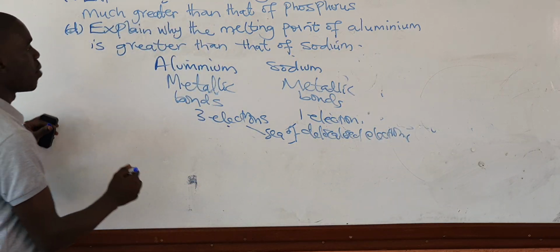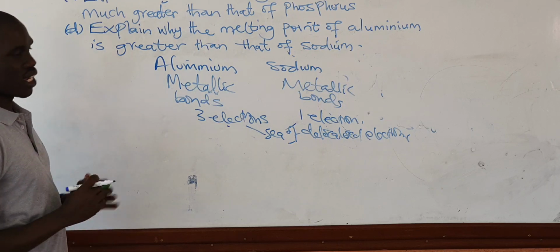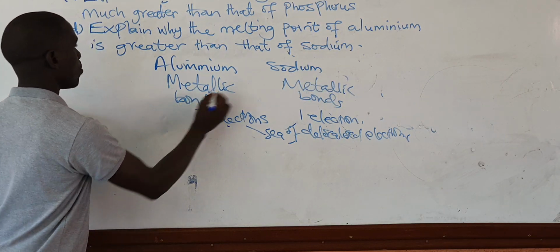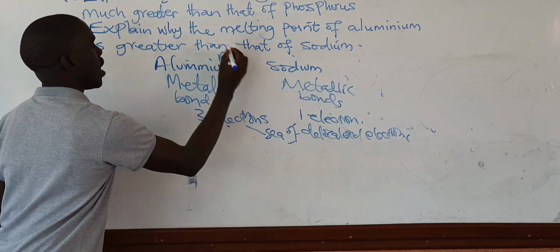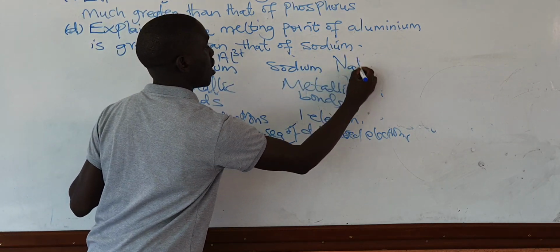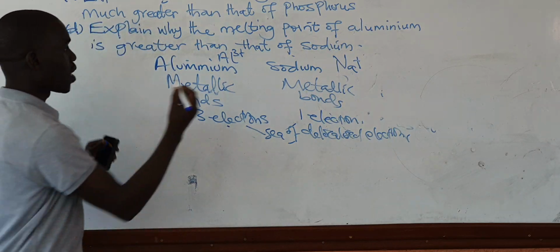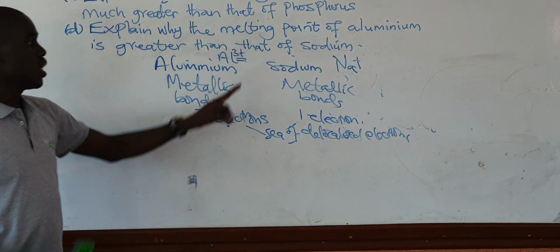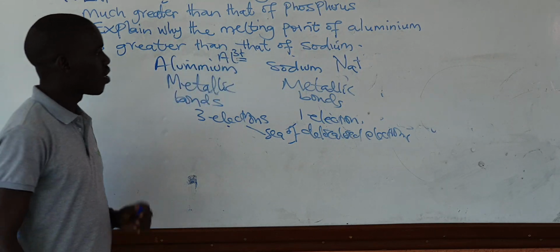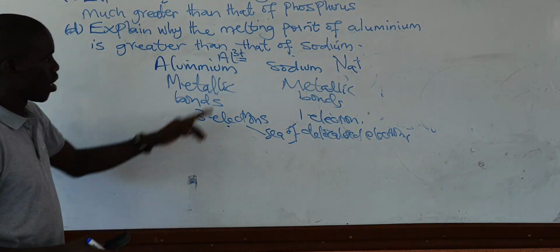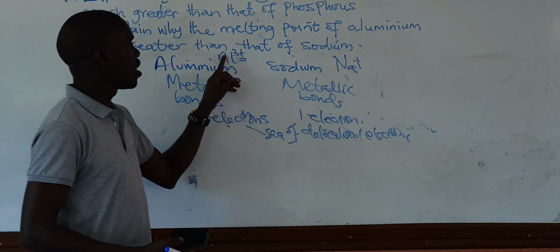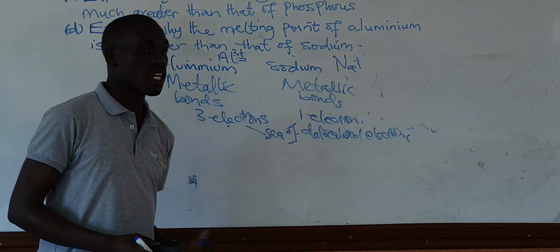And also in aluminium, the atoms, after donating electrons, will now have Al3+. Then in sodium, we shall have Na+. So you check the pluses too. 3 positive, 3 pluses here. These are cations.